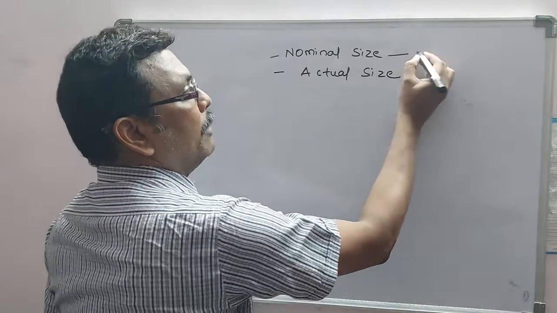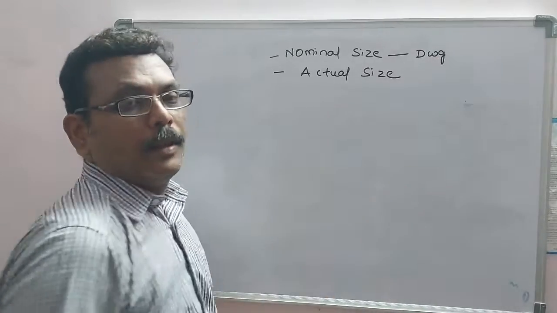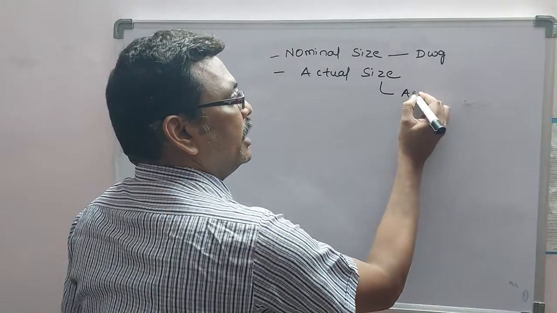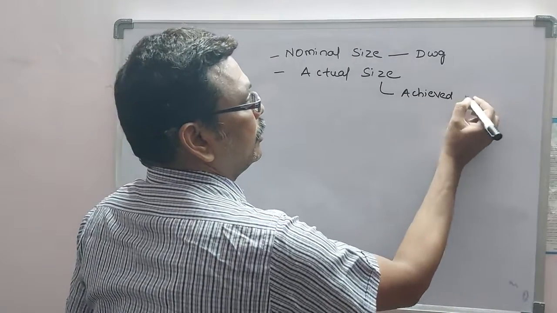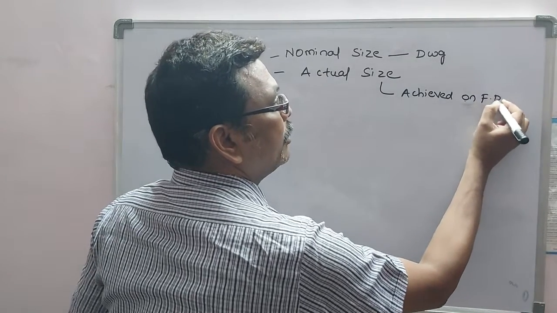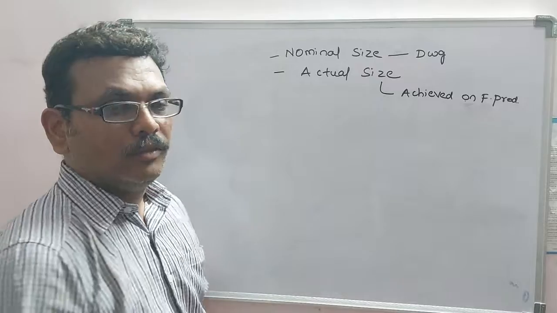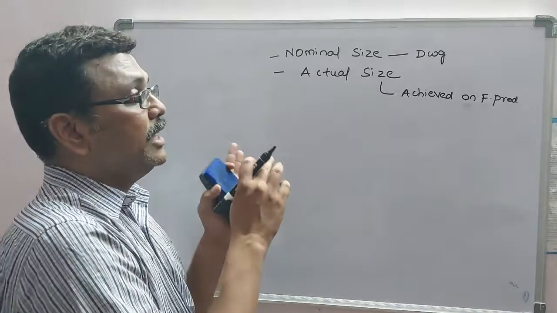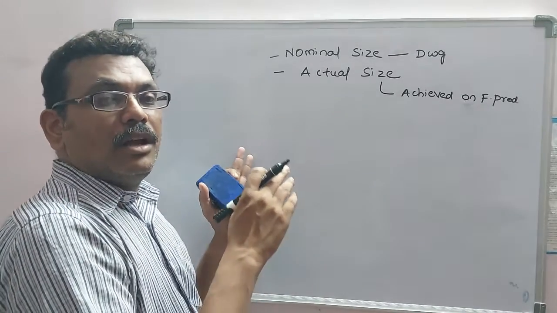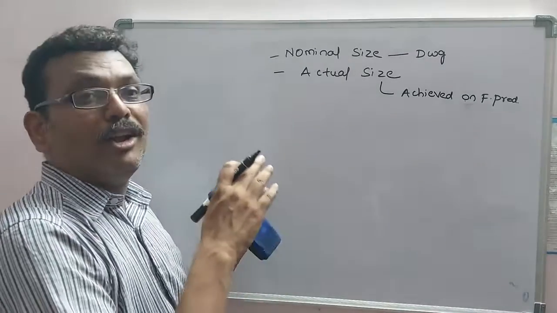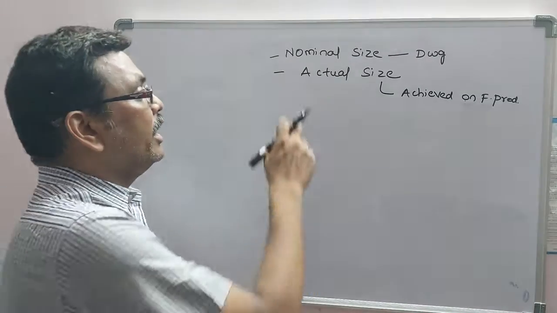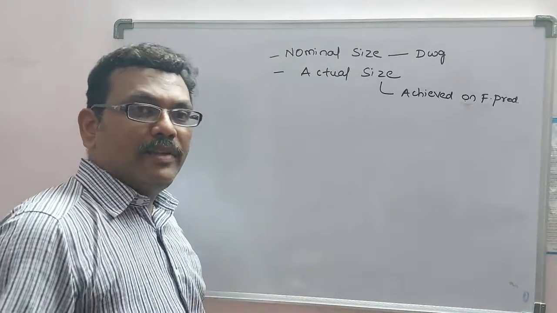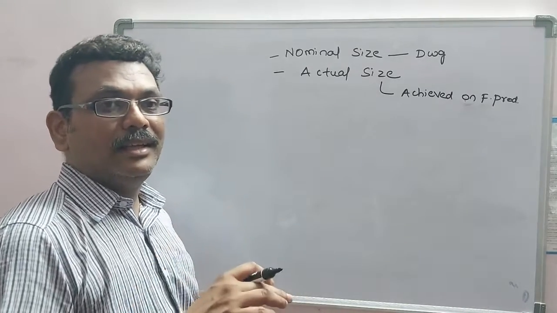Actual size is the dimension achieved on the final product, meaning after manufacturing. So the dimensions which are available on the drawing we call nominal sizes, and the actual size is the size achieved after manufacturing the part.